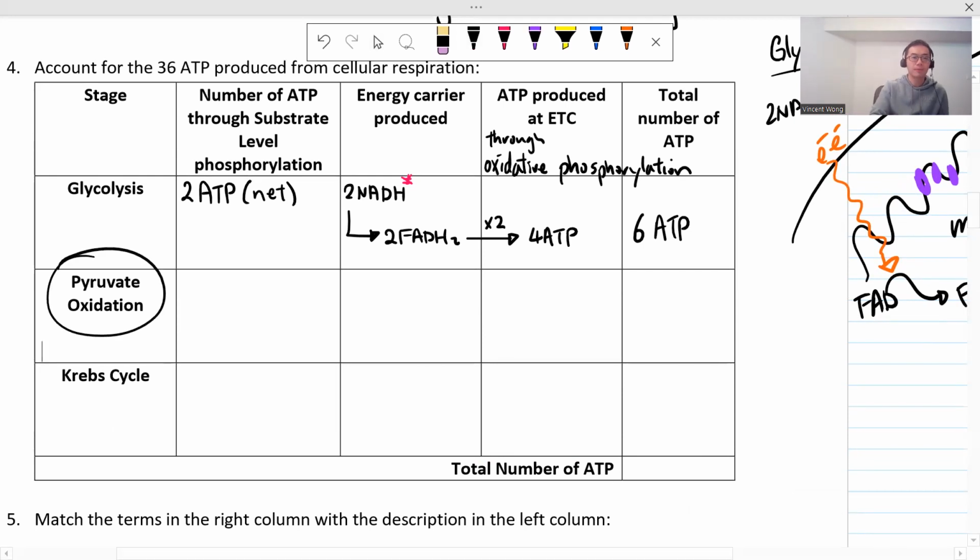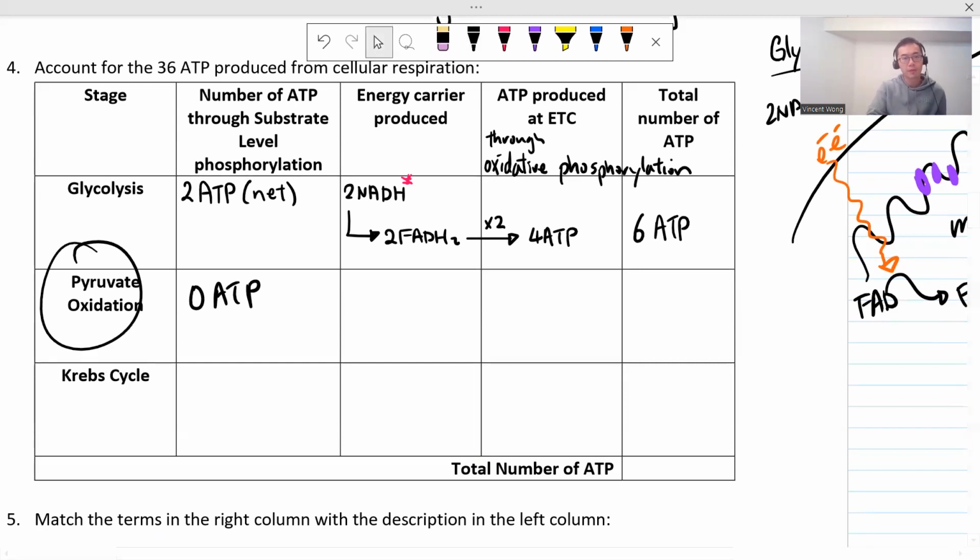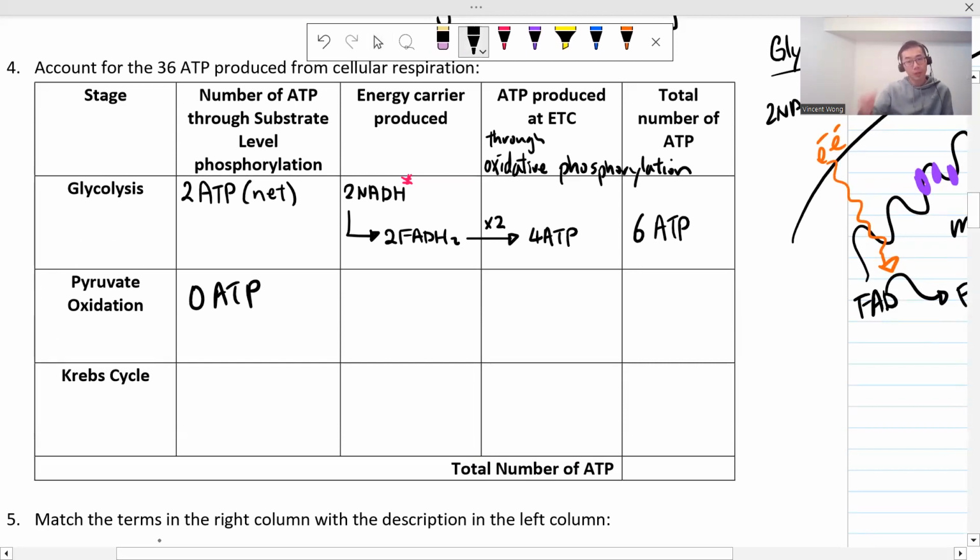Pyruvate oxidation. How many ATPs do we get from substrate level phosphorylation in pyruvate oxidation? Zero, that's right. None. If you recall, for pyruvate oxidation, there are only 3 things that happen.